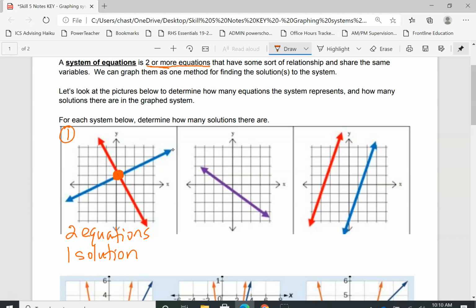The next one is a little bit hard to tell, but just know that they were using blue and red lines. And here, when you put a blue on top of a red, you get purple. So on this one, there are actually two equations, two lines on top of each other.